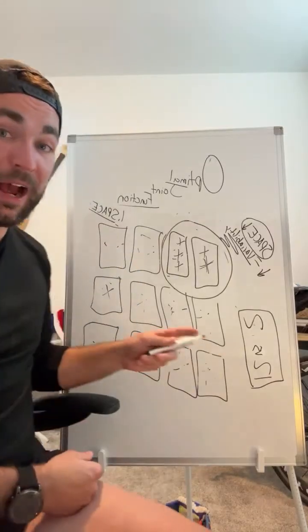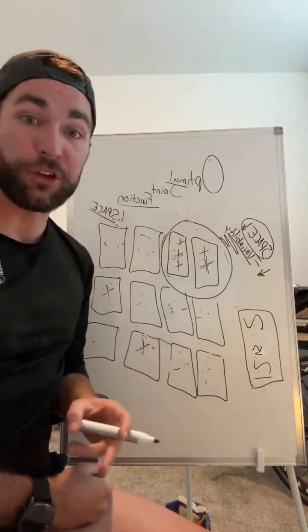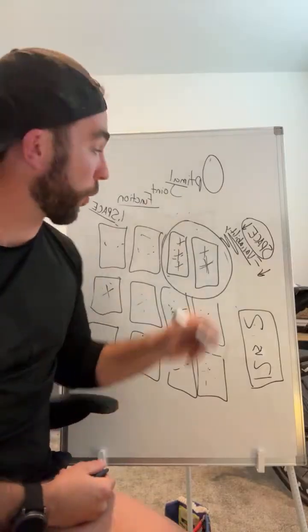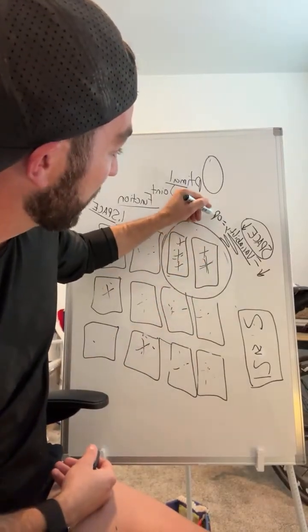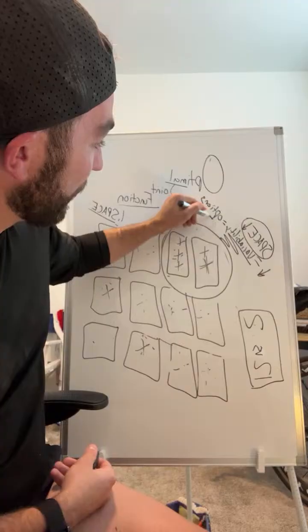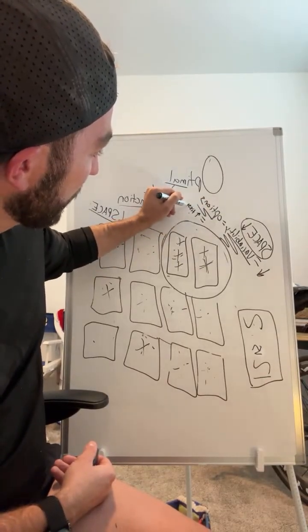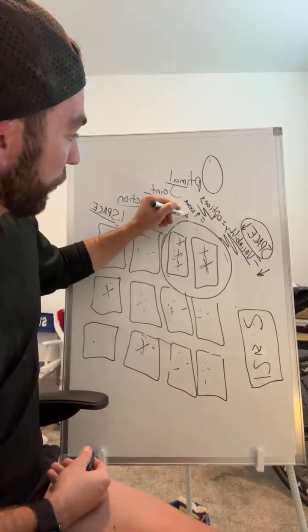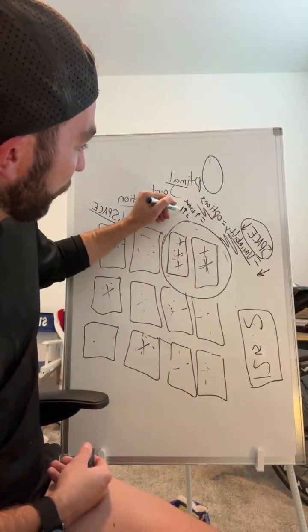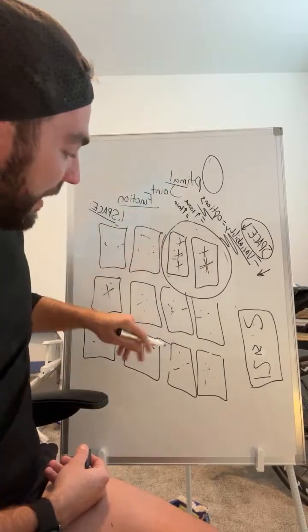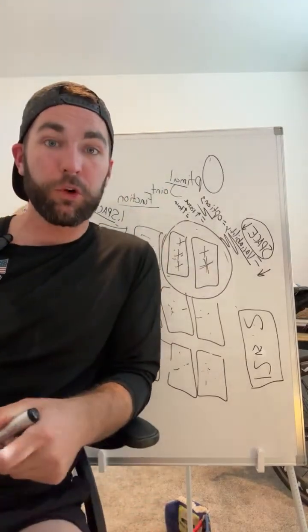Well, if you have more fields or more space, you have more variability, which equals more options, right? More options equals more tissue to load. And more tissue means I can train more stuff, which means I can delay entropy more, which is the breakdown of tissue.